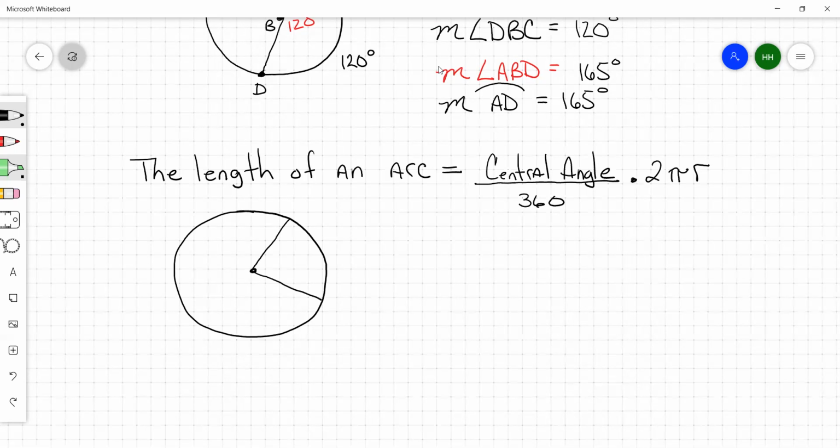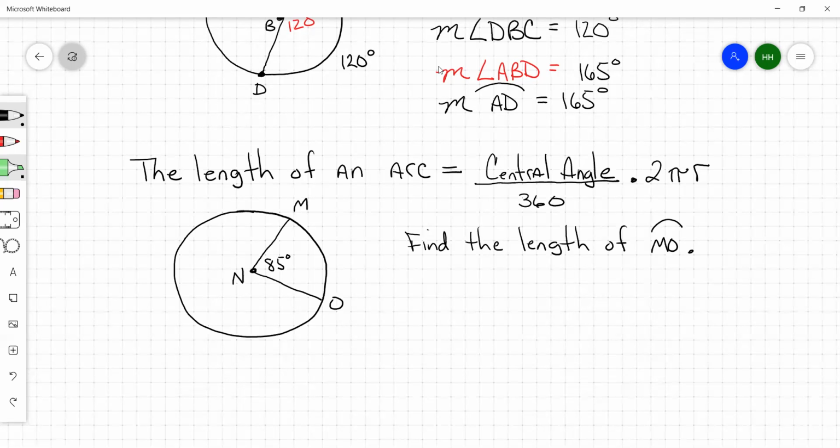Here we go. Let's go with arc M, or central angle MNO, that measures 85 degrees. Now, be careful when you're reading these questions. If you're asked to find the length of arc MO, don't confuse length with measure.